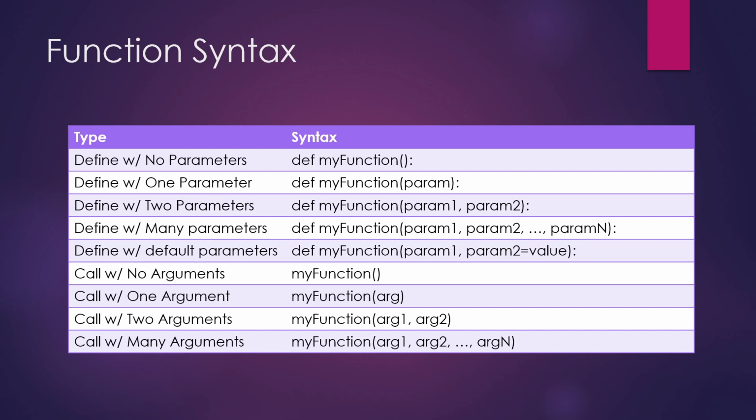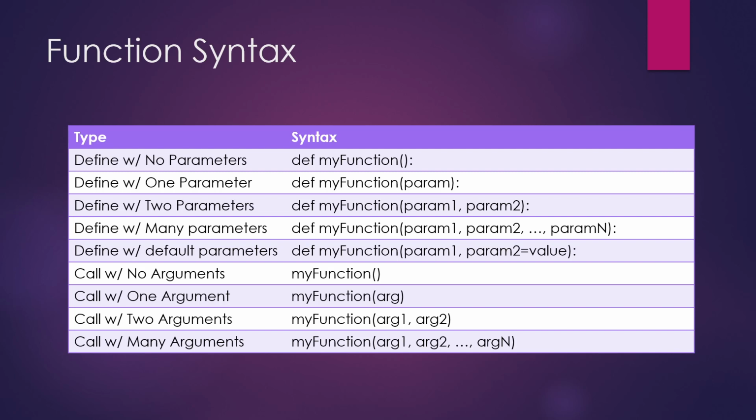And you can tell these look the same. If you want to define a function with no arguments, 1, 2, or multiple, it looks the same. If you want to call a function with none, 1, 2, or multiple arguments, again, fine.